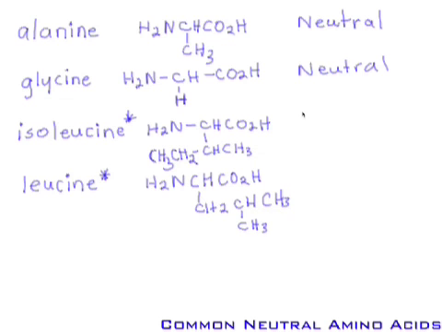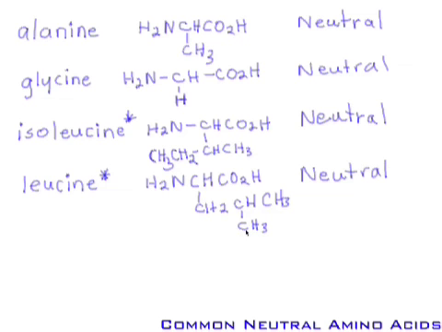Okay, both of these, sec-butyl and isobutyl, are alkyl groups without lone pairs, no acidic protons, so we have all neutral amino acids.